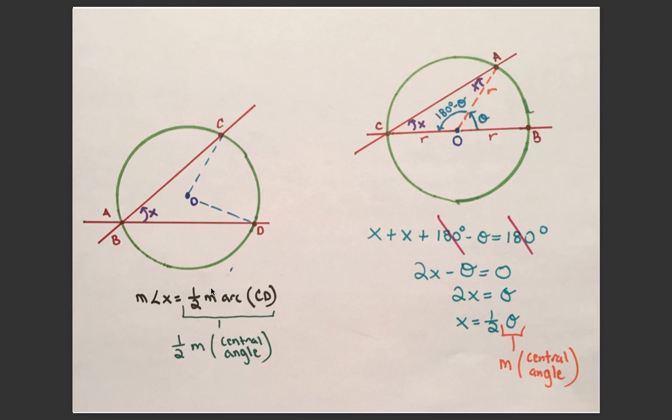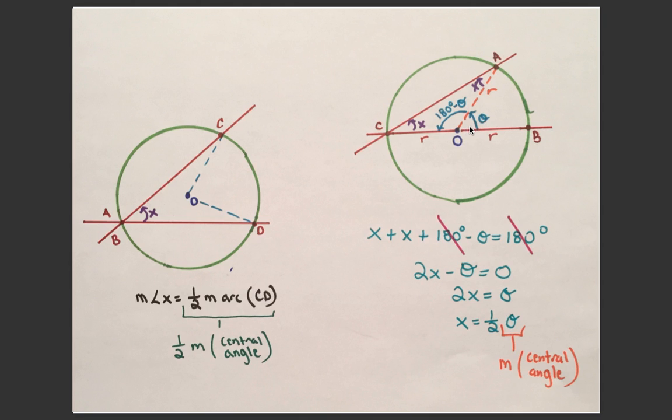On the right hand side we have the same image, but we have one of our secant lines going through the center, so therefore we have a diameter. And what I did next was I made this additional radius from point A to the center O to highlight our central angle, which is angle O, and I labeled that theta.